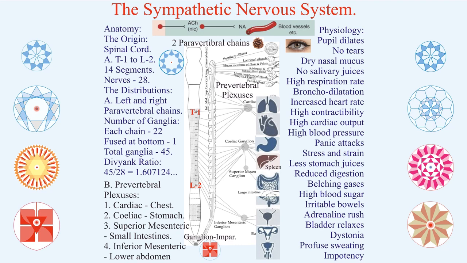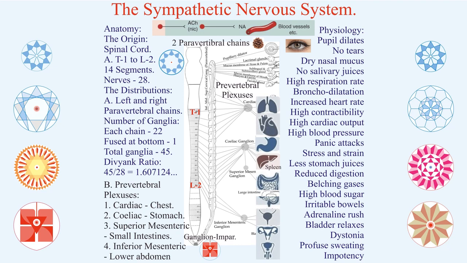And 45 divided by 28 is the Divyank ratio. Is it a coincidence that such a vital system, which takes care of all the functions automatically, spontaneously, is designed with the most beautiful divine design of nature called Divyank? Is it a coincidence? Or has everything perfect been done, and that is exactly what I'm trying to emphasize through my videos, the divine design of nature.